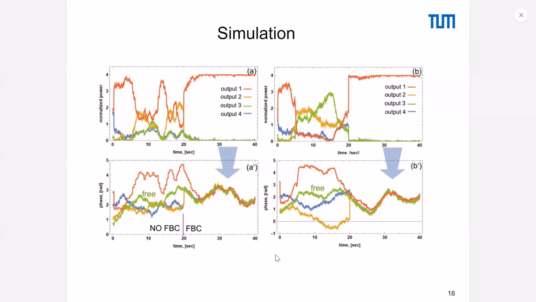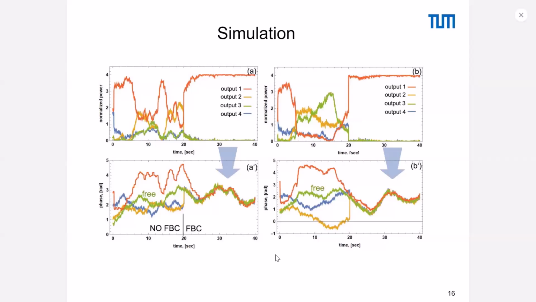Before 20 seconds, there is no feedback control, and after 20 seconds feedback control, producing Hadamard 4. These are 2 results and quite an interesting situation in phase. We can see the phase before and after. After 20 seconds, we have quite nice fitting of all the phases in both cases.